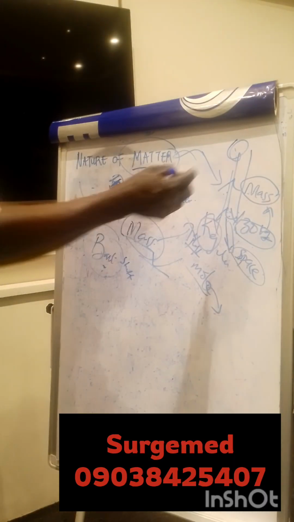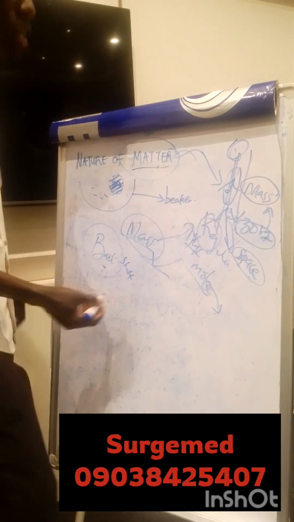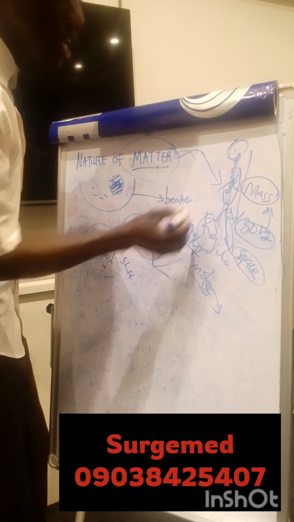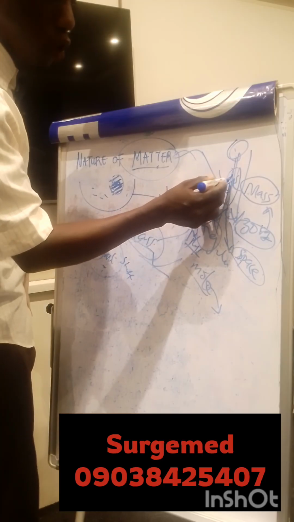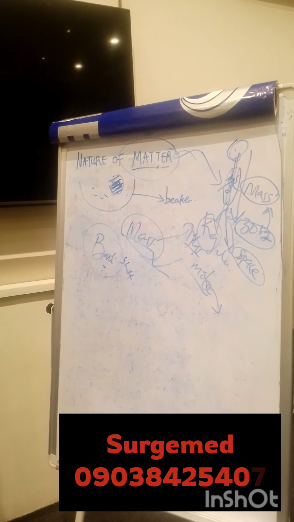This person has a digestive system, a skeletal system, a nervous system. In this same body, you see a lot of things: your organs and everything.